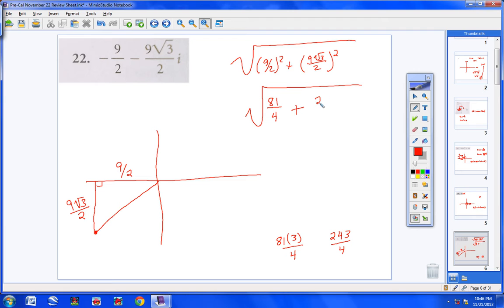So 243 over 4. Now these two fractions have a common denominator, so add them together. When you add two fractions together with a common denominator, you leave the denominator alone. If you want to use a calculator to add those, that's totally fine. I have no problem with that. Let's see, we would have a 4 and then a 2, 324.